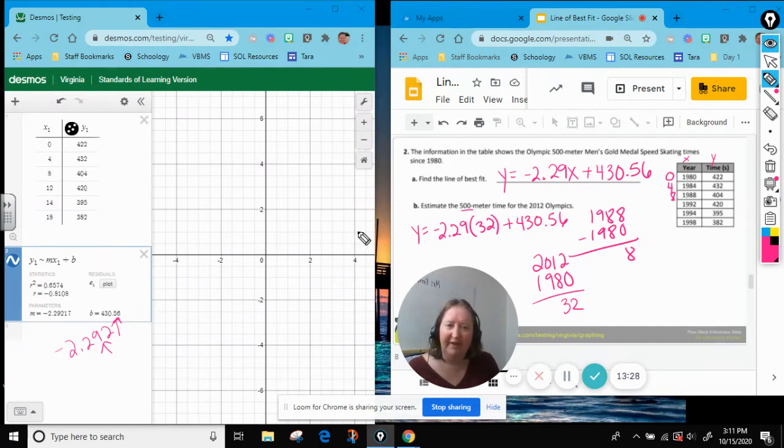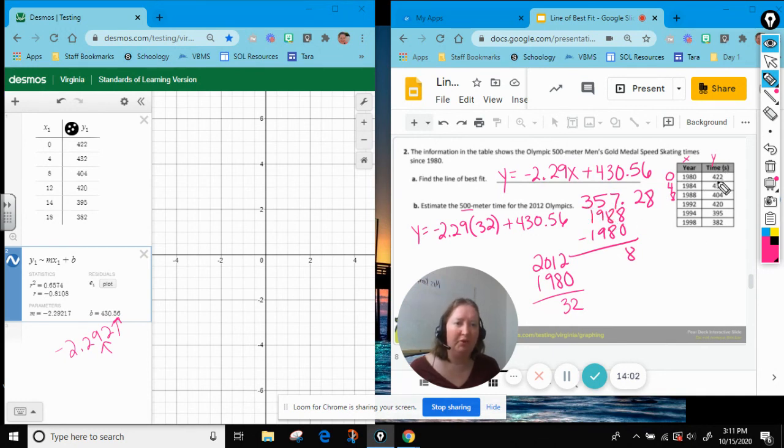And I am getting a value of 357.28. Now, look at the time values that they're giving you. Number one, you could ask yourself, does that even make sense? Well, I think it kind of does. I mean, we're talking about 32 years from here. It looks like people are basically getting faster, right? Usain Bolt or whatever. Super fast dude.